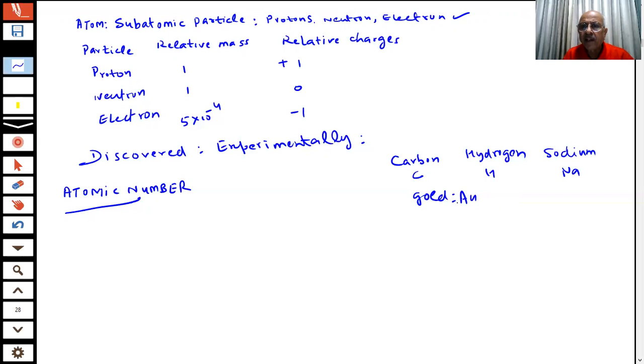And each element has the same atomic number or a different atomic number? Tell me. Different atomic number. Each element has a different atomic number. Very important point.